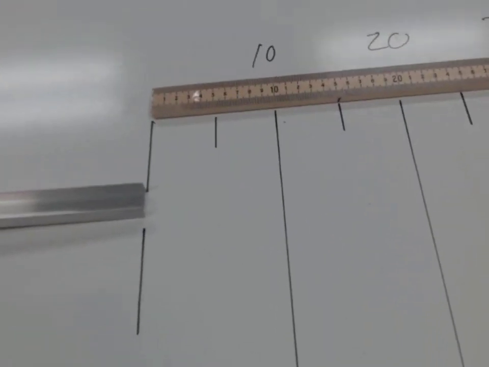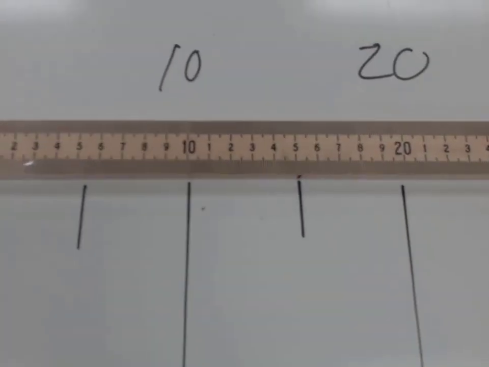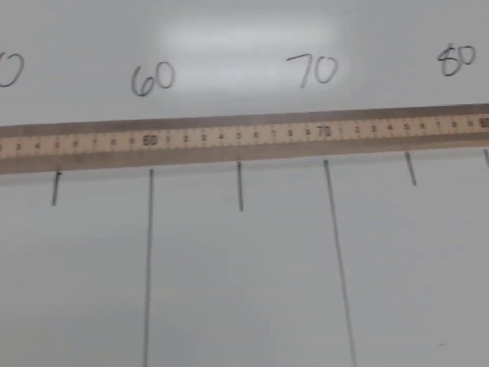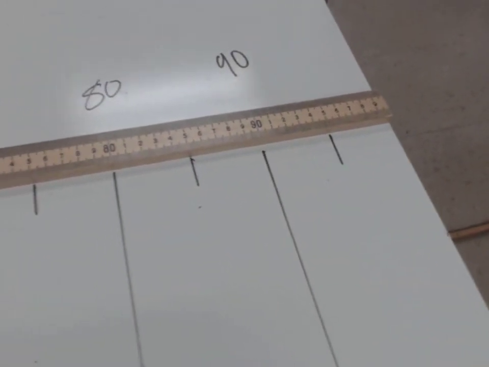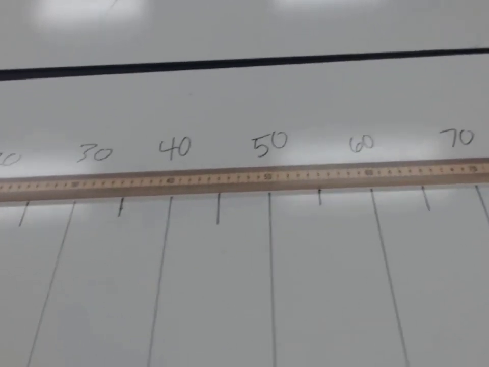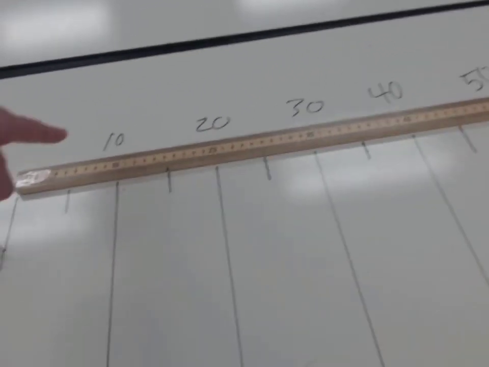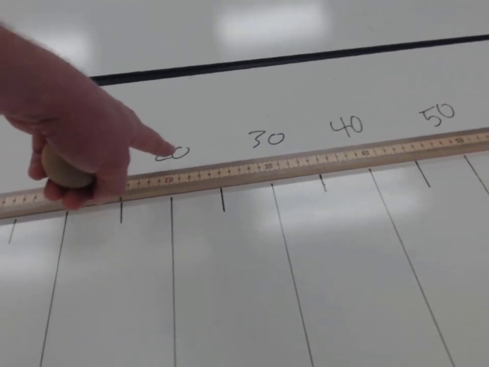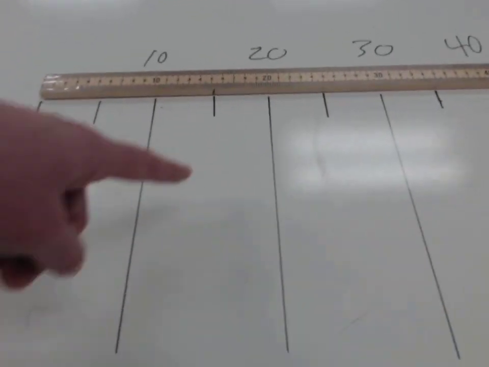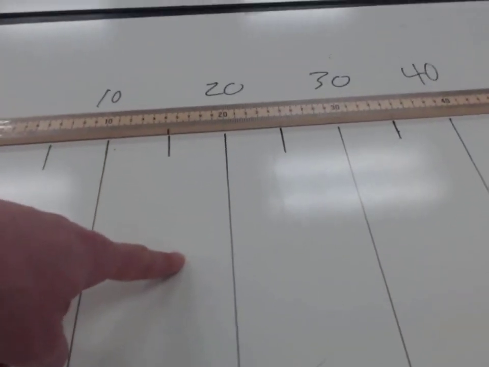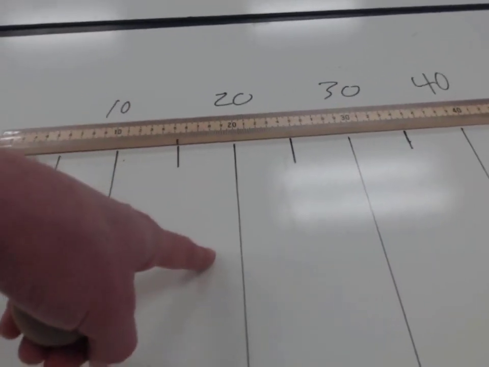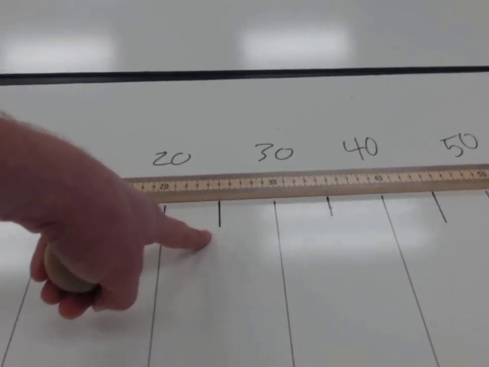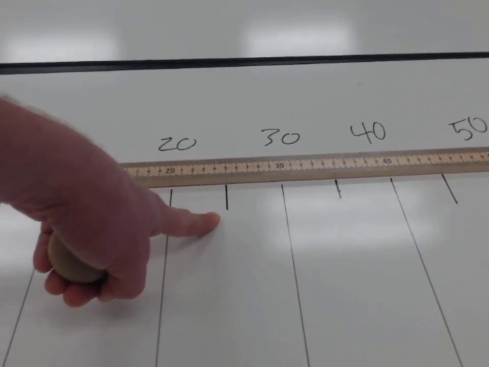You can see I have a meter stick set up here. You're not going to be able to see the exact values on the meter stick very easily because I have to put the camera back, but I've written down in marker where each 10 centimeters is, and the long lines, like right here, this long line would be the 20 centimeter mark, and then I put a short line for halfway between 20 and 30, so this short line would be the 25 centimeter mark.